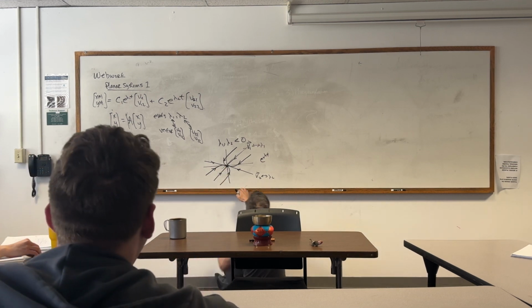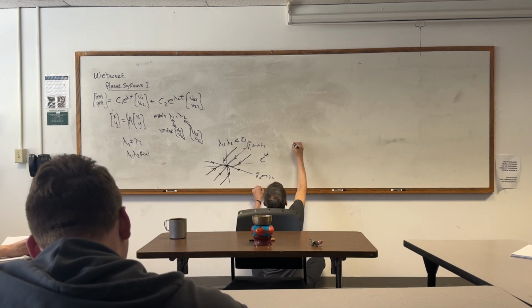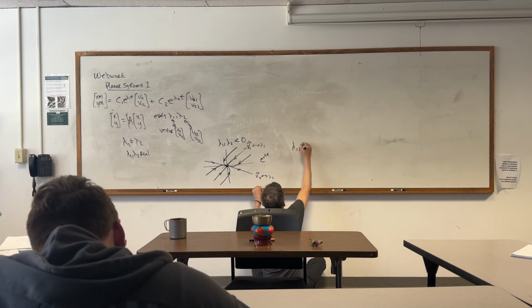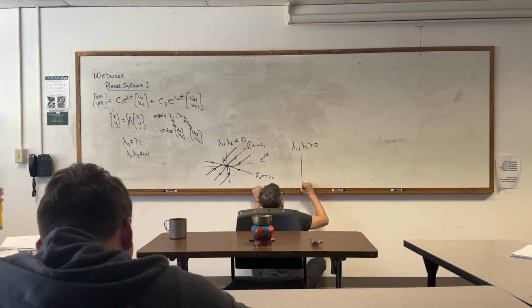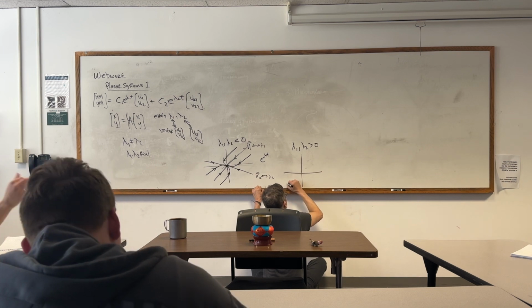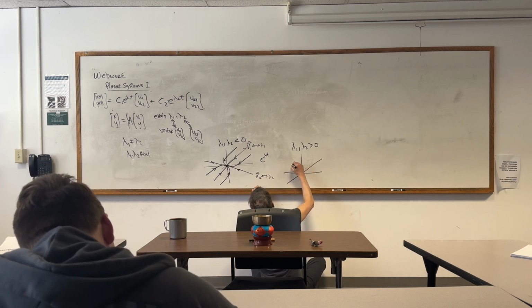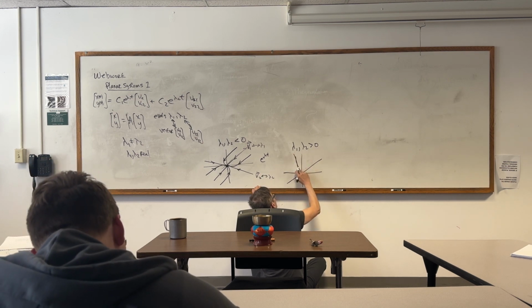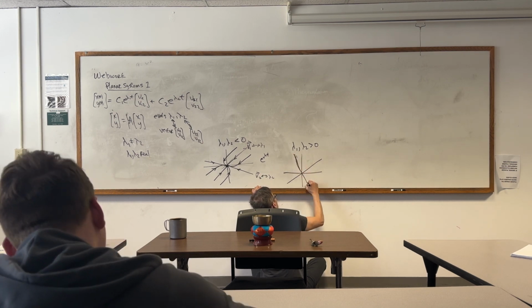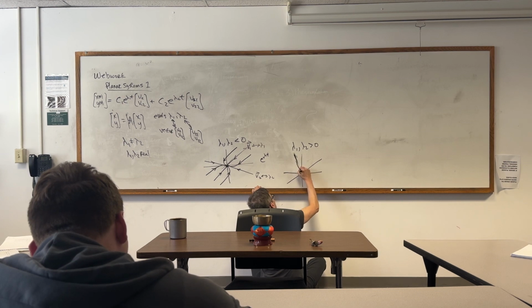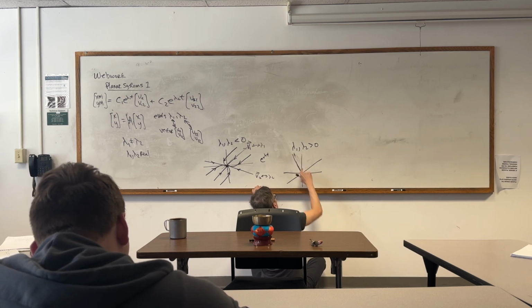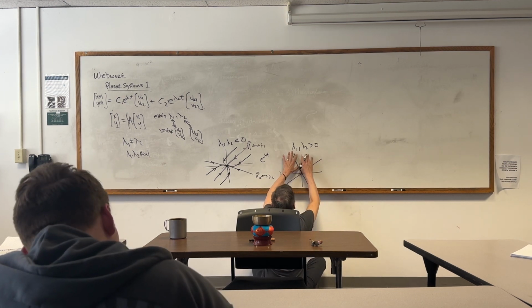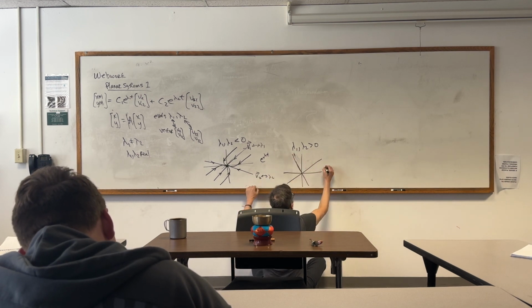I'll write some up. If they're both positive, then do the same thing. Get your eigendirections. So these are going to correspond to outward flow because you're going to have e to the lambda 1t, but that's a positive number there.